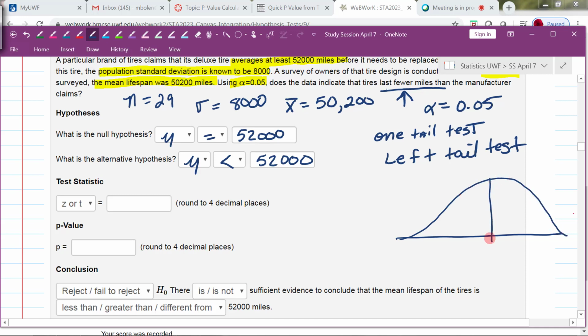We're testing at alpha equal to 0.05. It's a one-tail test, so alpha is all going to be right in here, 0.05. And I'm going to have a negative Z star.